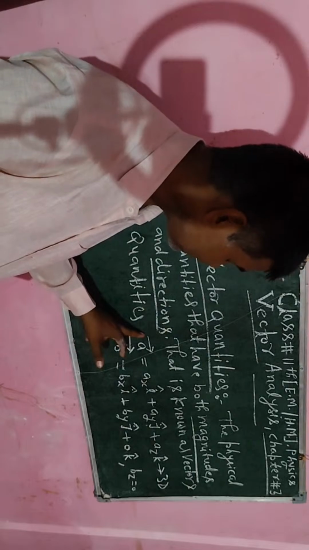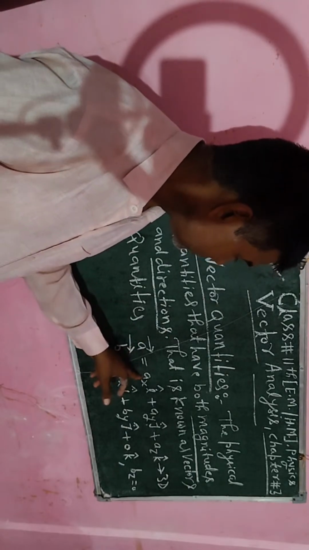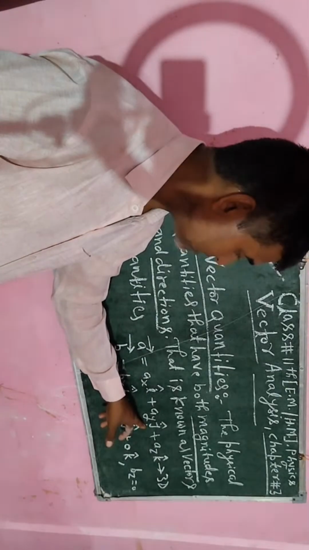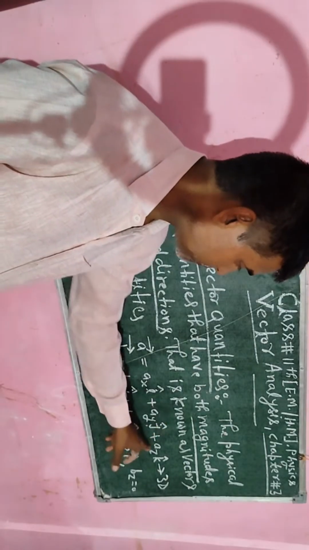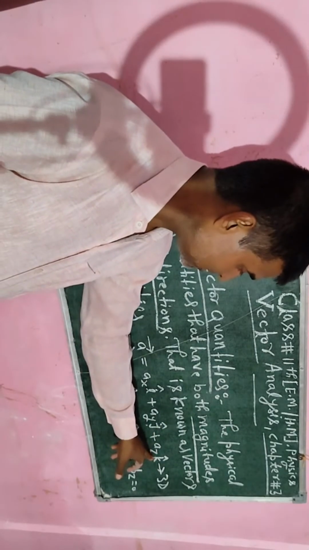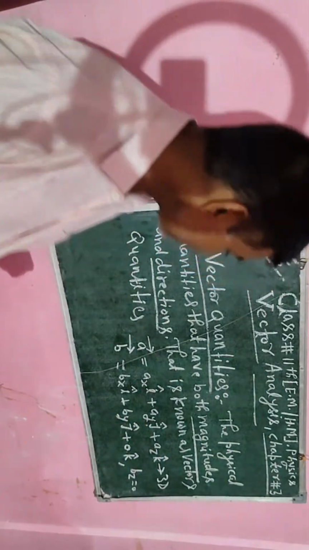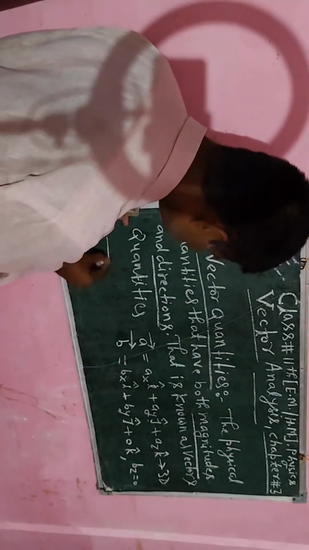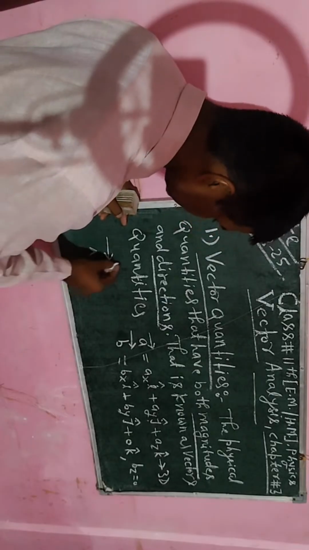Now here I have given you one example, that is vector A, which is equal to ax i cap plus ay j cap plus az into k cap. K cap also represents a vector. Okay, this is the symbol we have to know. Some people write the vector like this, and this also represents the same information.